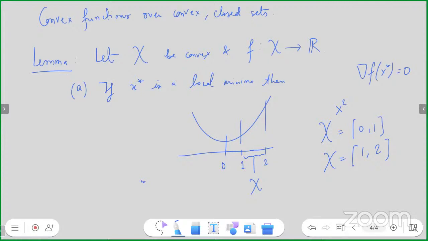Now the fact is, your boundary will not allow you to go in certain directions. So what should happen with respect to points within that constraint set, forgetting what is happening outside of it? In the available direction, the gradient should be positive. Okay, so how can I state it? I cannot state that f dash of x star should be greater than 0.